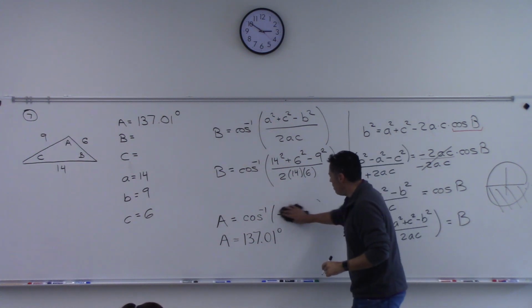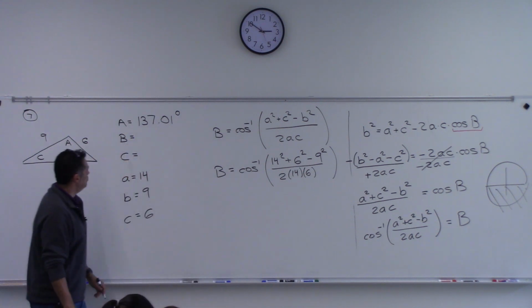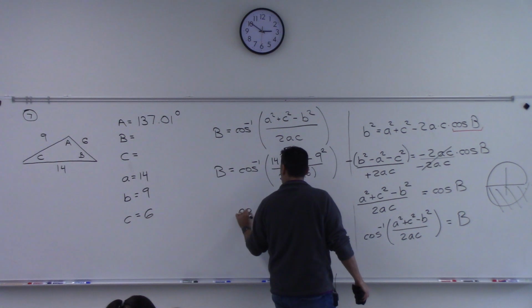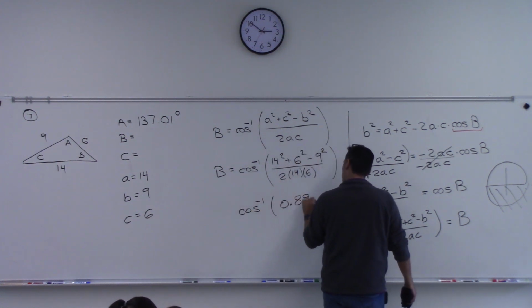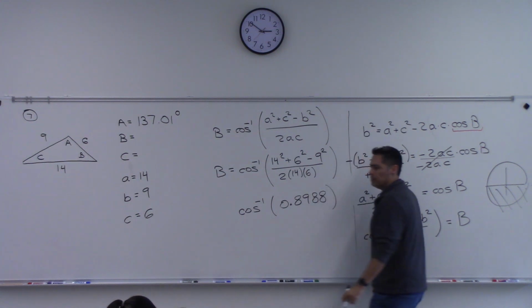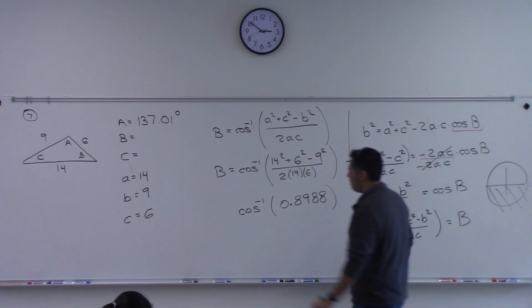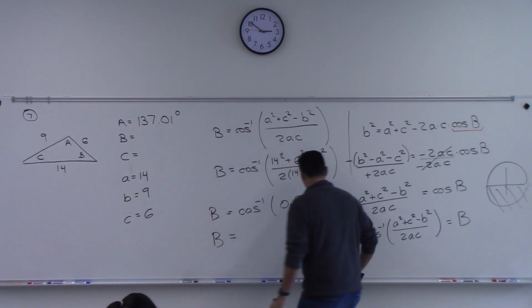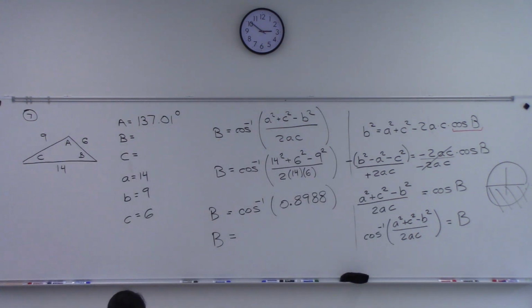Who's got what's inside there? 0.8988? Is that what I heard? Okay. And then do cosine inverse of that, and what do you have? I forgot that I had the answers here.